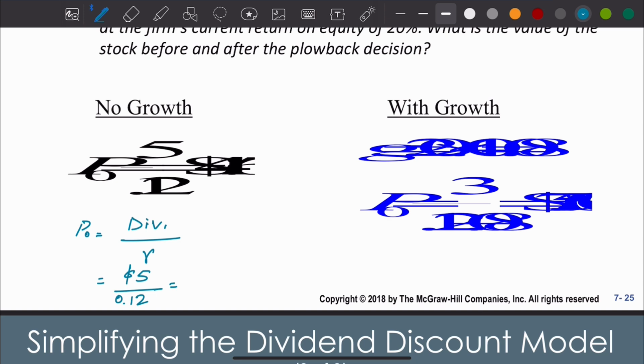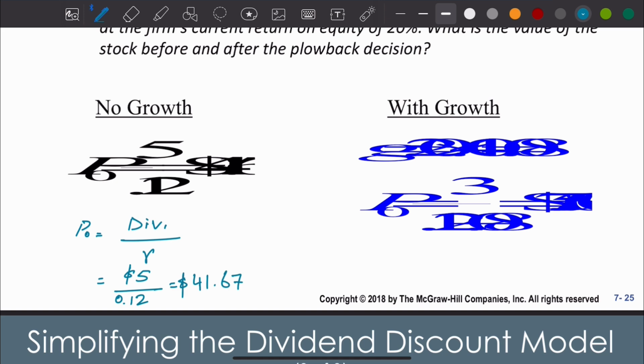Using a calculator, $5 divided by 0.12, and that's going to be $41.67. Okay, so that's the fair price of the stock under the no growth assumption.